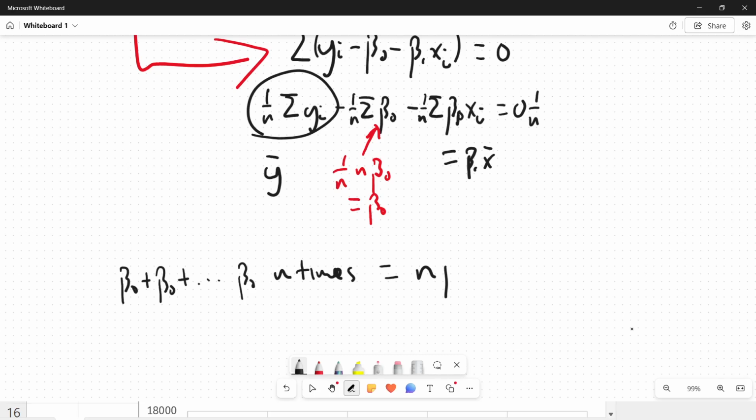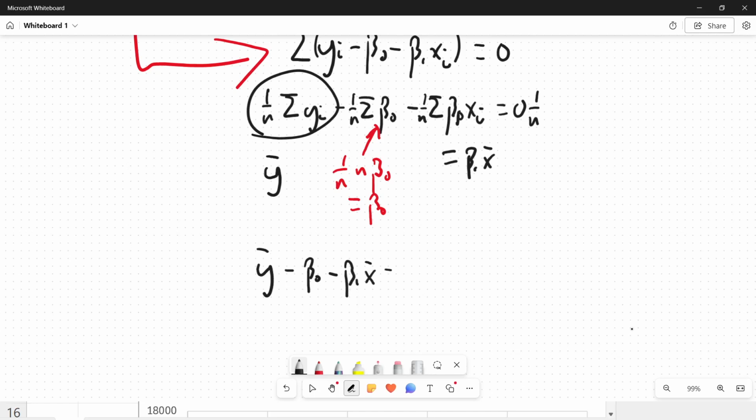All of this leaves me with y bar minus beta 0 minus beta 1 x bar is equal to 0. And I'll spin that around to say, ergo beta 0 is equal to y bar minus beta 1 x bar.